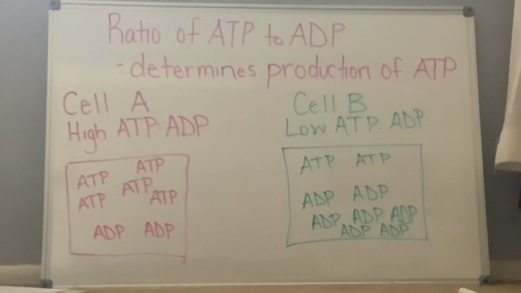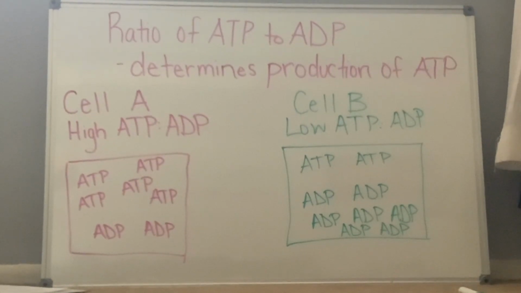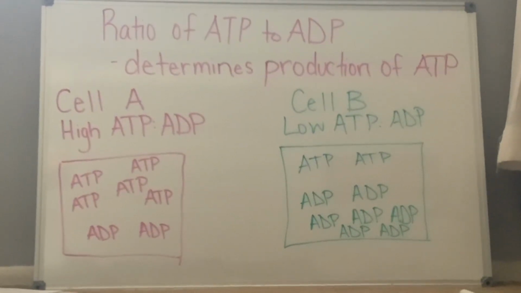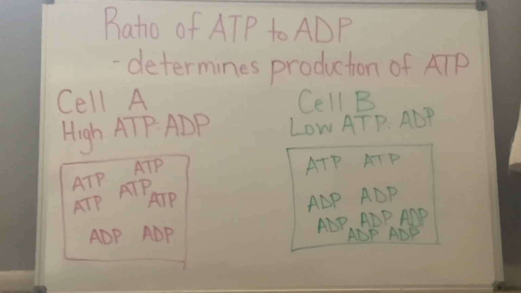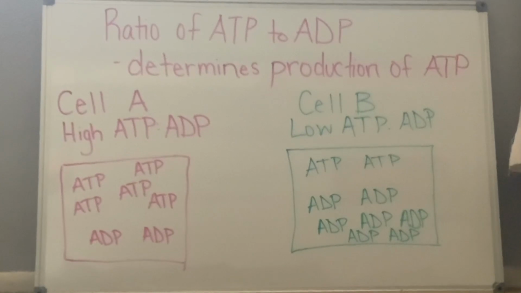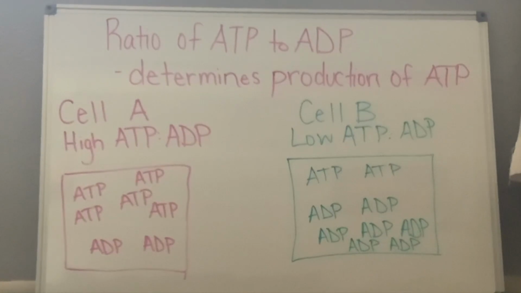So the cell is almost using ATP at 3 times the rate it is producing it. It has a high metabolic activity. If cell B were to continue producing ATP at the rate it is, it would quickly use up all ATP stores and be at risk for being unable to maintain homeostasis.